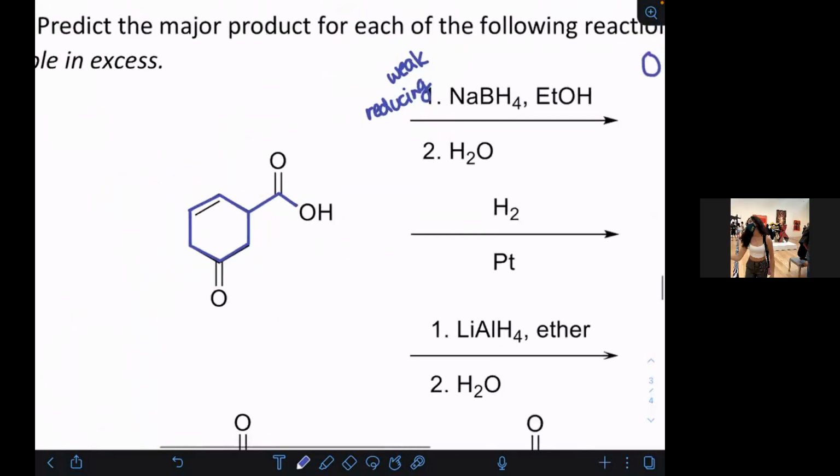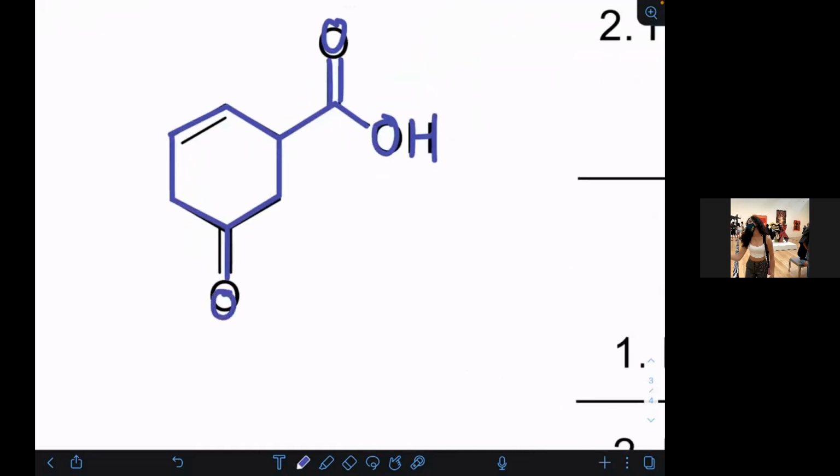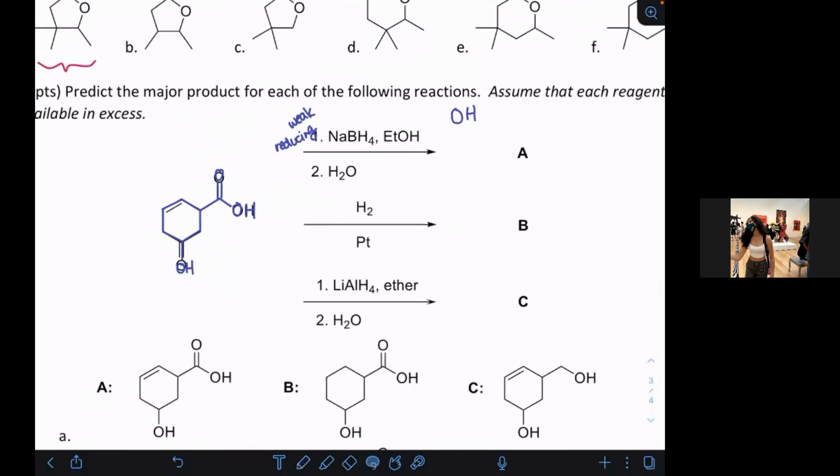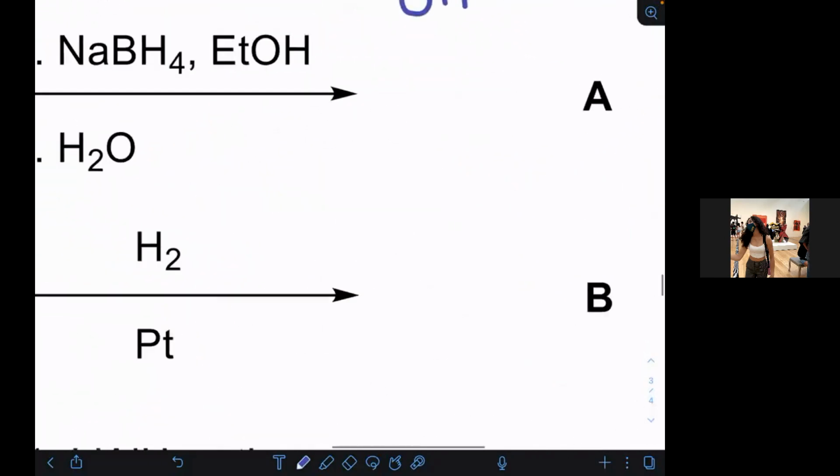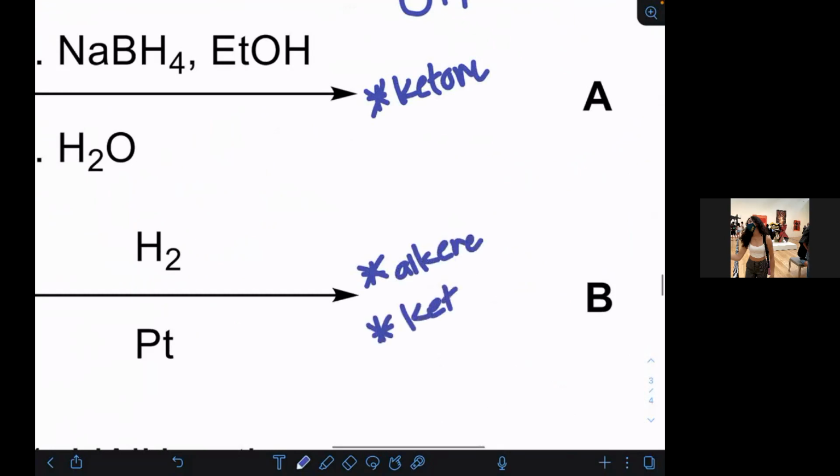So the weaker one, which is NaBH4, reacts with the ketone, but it doesn't react with the carboxylic acid. So that one turns the ketone into an OH, and we would keep our double bond right here. But then H2 reacts with the alkene, and it also reacts with the ketone.